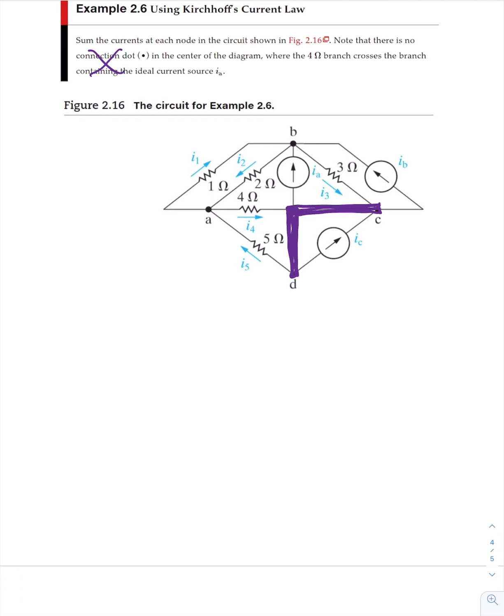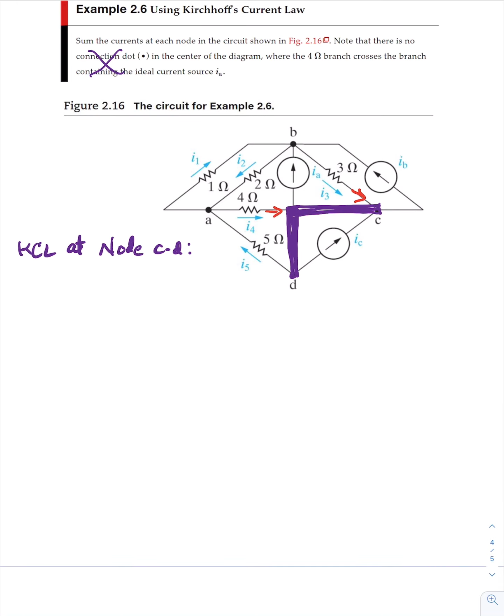So KCL at node CD. All right, let's change our color here. Going in, we have I sub 4 and I sub 3 and I sub C.